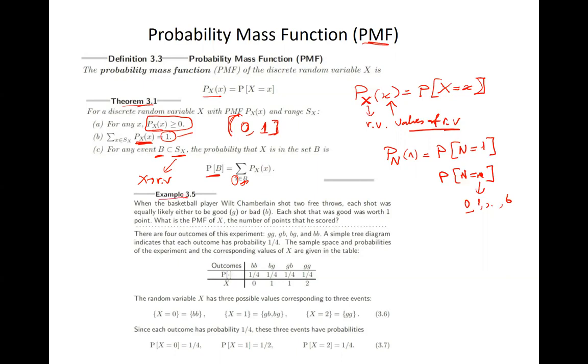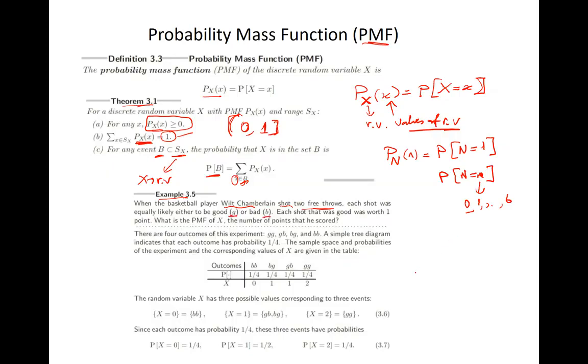Let's see this example. We have a basketball player here, Wilt Chamberlain. I don't know this player, but it seems that he might be a very famous basketball player in the NBA probably. And he shot 2 free throws. Each shot was equally likely either to be good or bad.